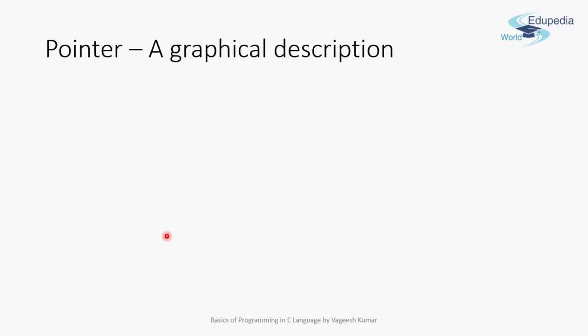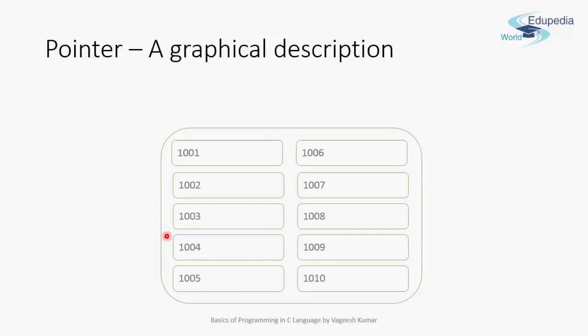Now we have a graphical description of how pointers work internally inside C language. Let us assume a block of memory in which there are 10 memory locations, and the memory addresses are from 1001 to 1010. Inside this block of memory, let us take a variable char a and assign a value capital D to it.